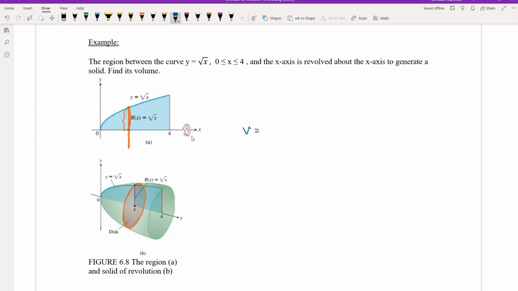So volume is equal to the integral from a to b of pi times r of x squared times dx, based on what we have here.